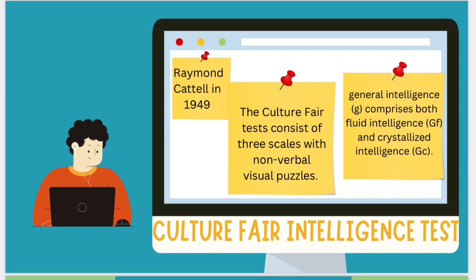This test has 3 scales of non-verbal visual puzzles: scale number 1, scale number 2, and scale number 3. Scale number 1 includes 8 subtests of mazes, copying symbols, identifying similar drawings, and others.